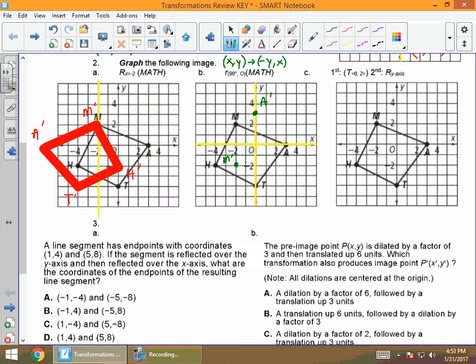The old T was at 0, negative 4. So that means it's going to be at 4, 0. That's T. And the old H is at negative 4, negative 2. So that's going to put it at 2, negative 4.